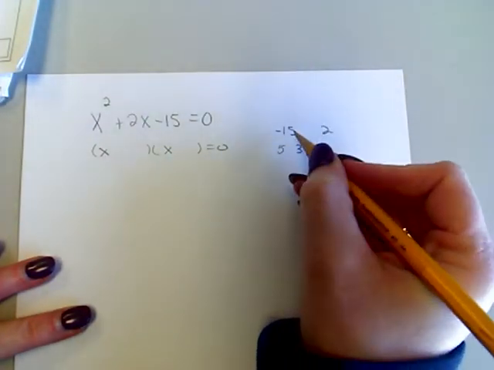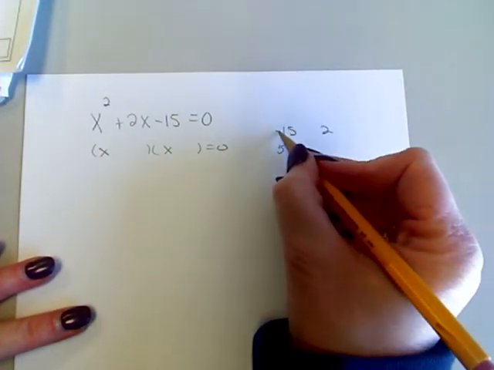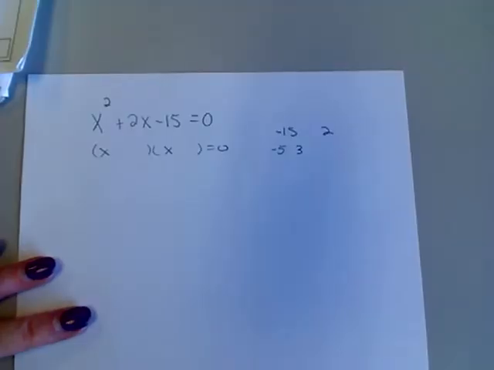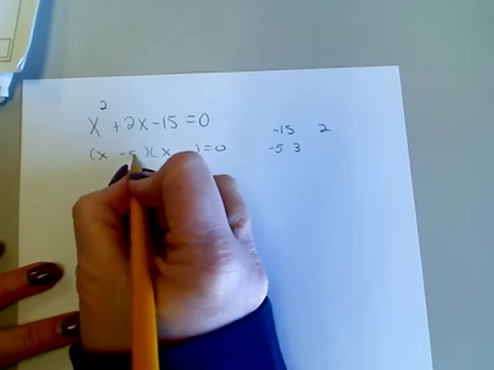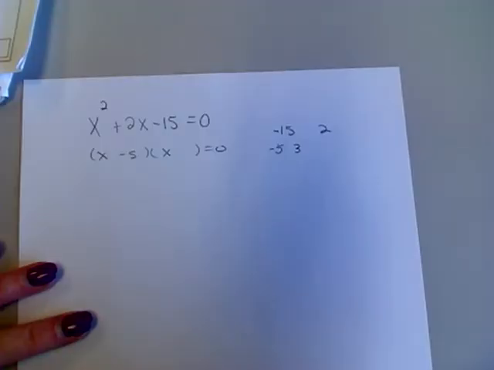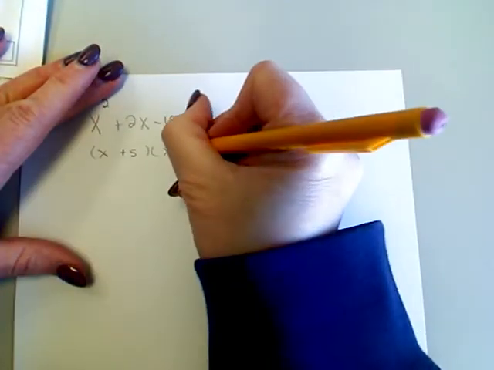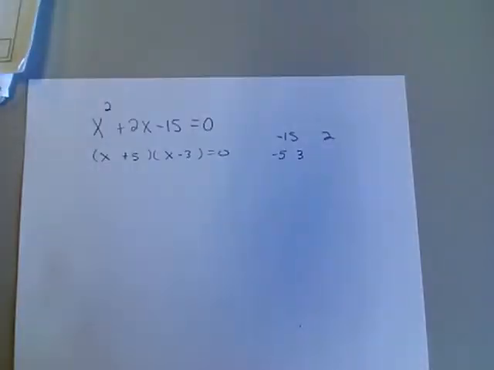5 and 3. And this way, since I already wrote my -15 and +2, you know it has to be -5. So I'm going to do -5. Nope, it's the other way around, guys. +5, -3.